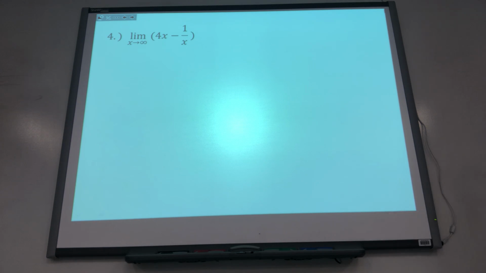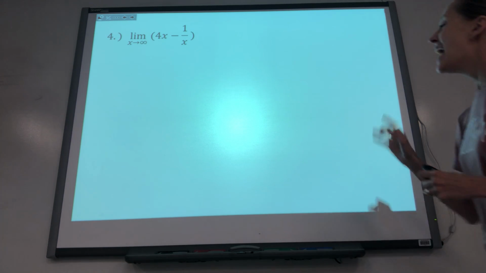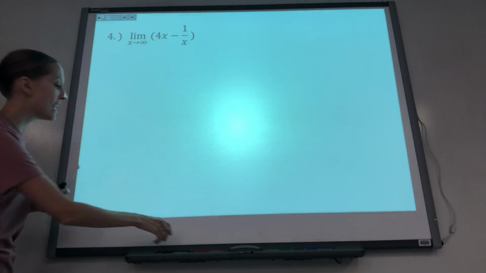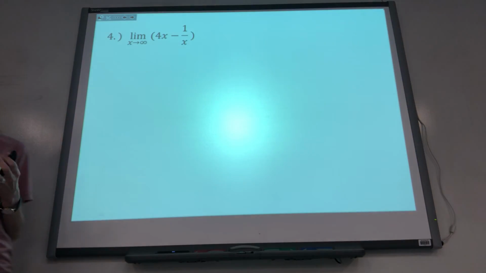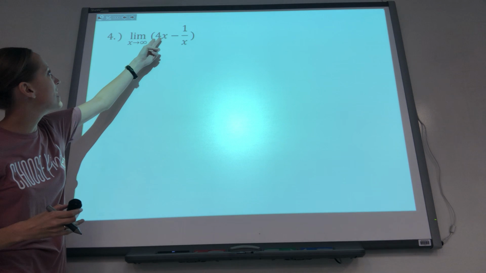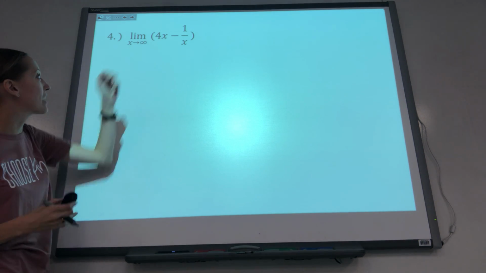I like to figure out m and n first. However, on something like this, you can't really tell what m and n are because it's not one rational function. You've got a fraction over here, and that part is not really a fraction.